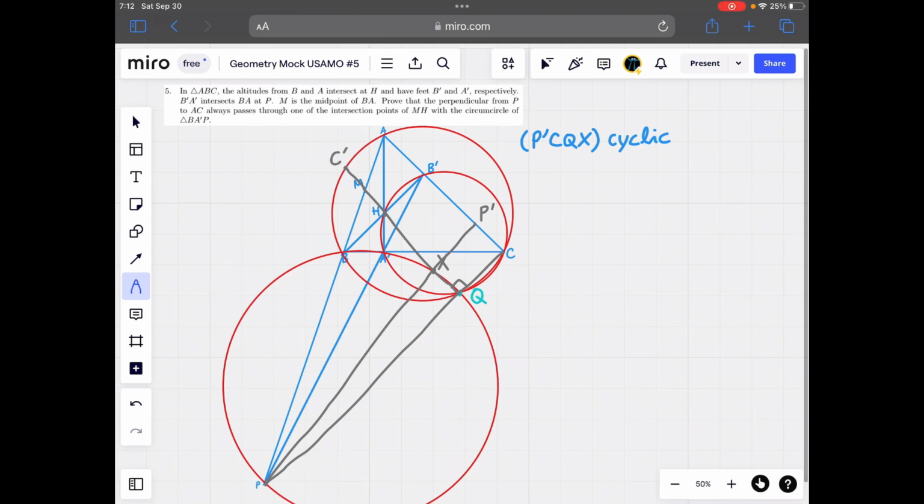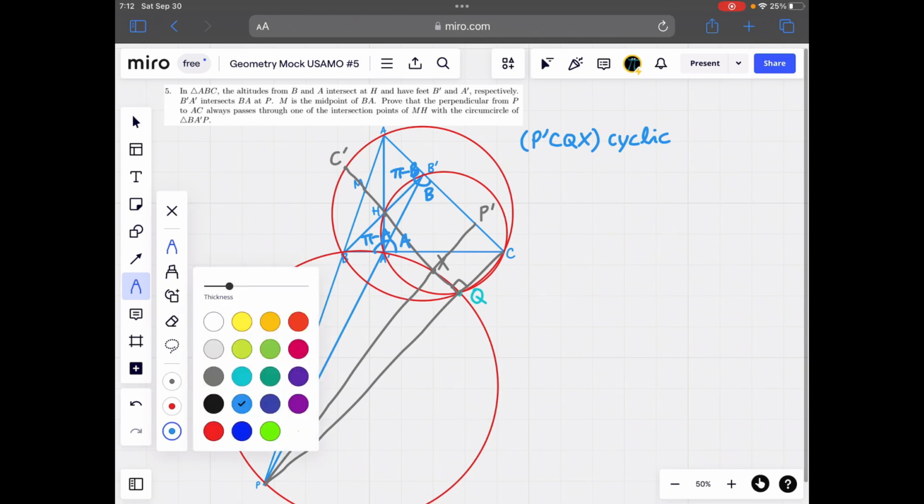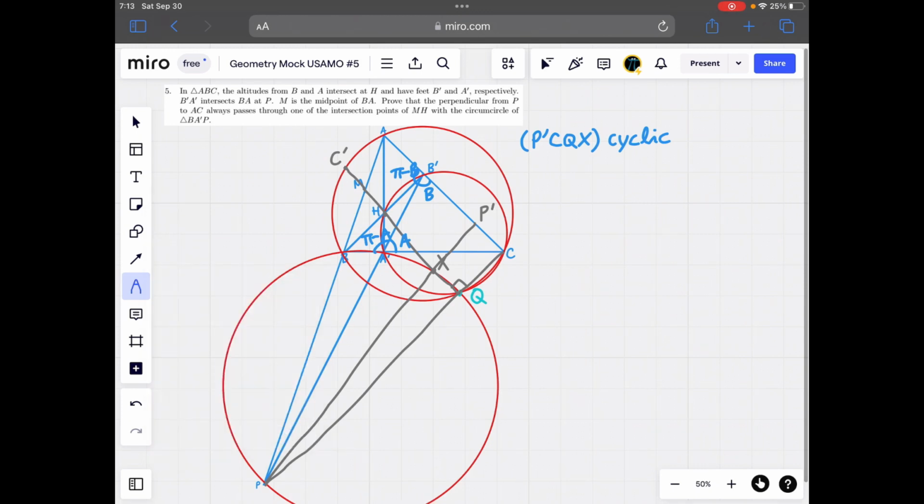Earlier, we established that quadrilateral AB, A prime, B prime was cyclic because of the two right angles. So angle A prime, which is this angle over here, is pi minus A. And this angle here is pi minus B. So these angles outside the quadrilateral need to be equal to A and B. Now we can do some angle chasing.